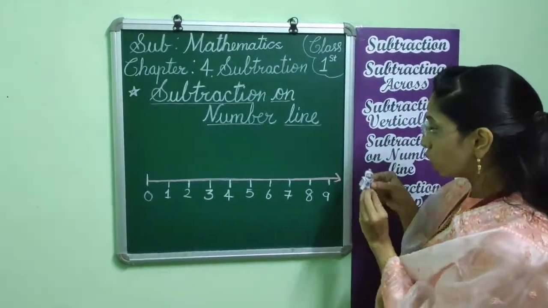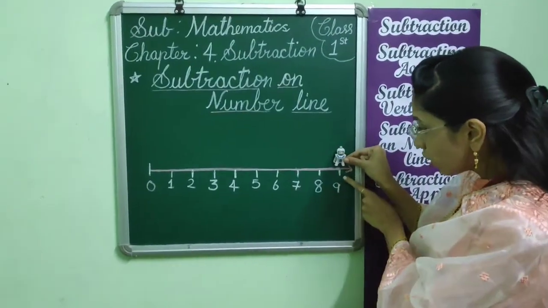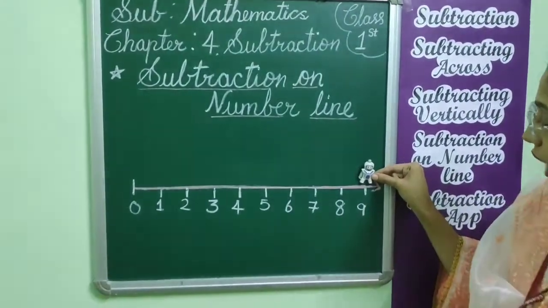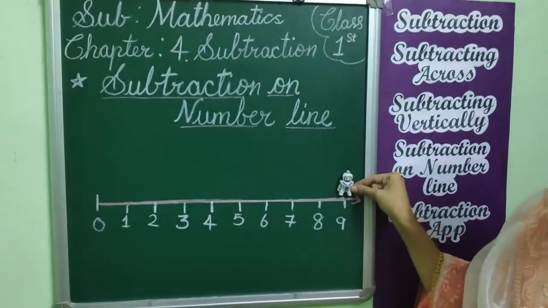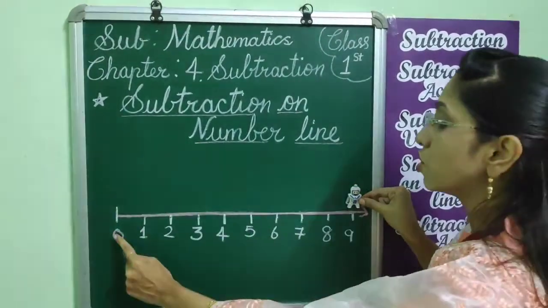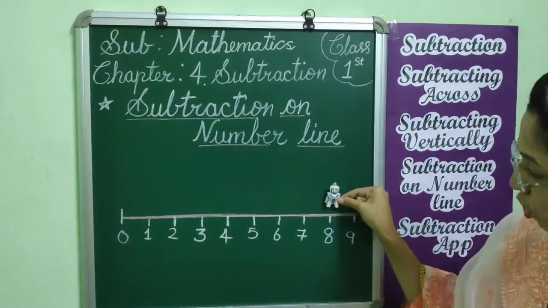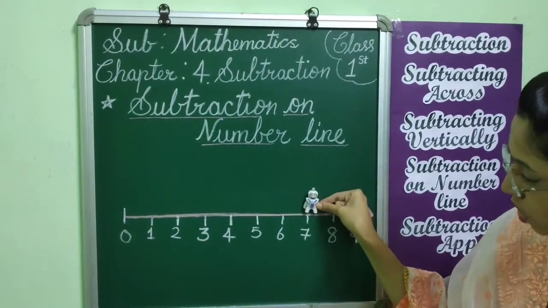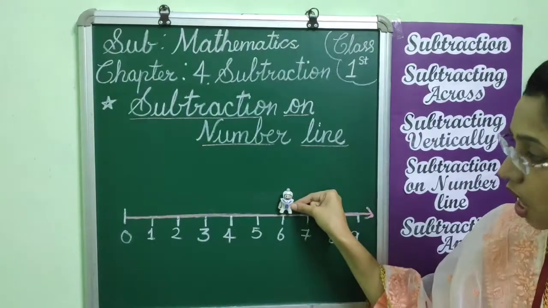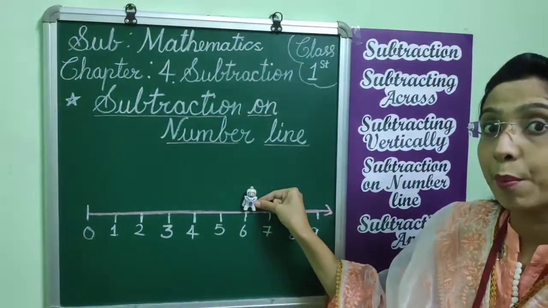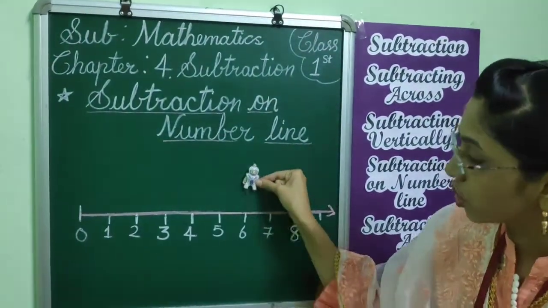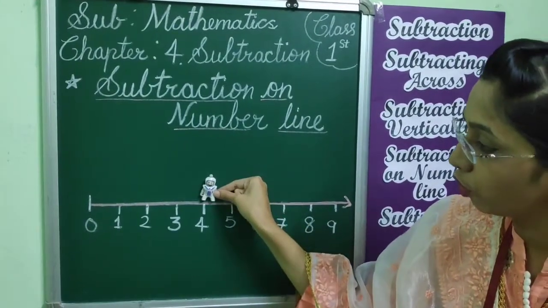Means backward side. The robot is on the 9th place. So he wants to jump till 0, 1 by 1. How will we jump? 9 to 8, 8 to 7, 7 to 6. How is the robot jumping? Backward. 6 to 5, 5 to 4.